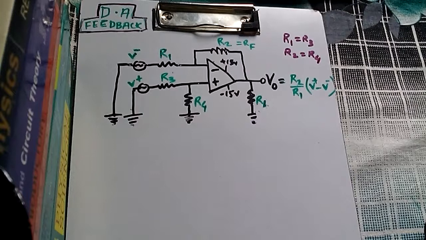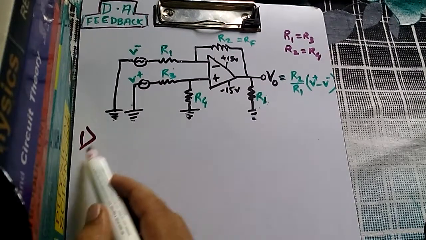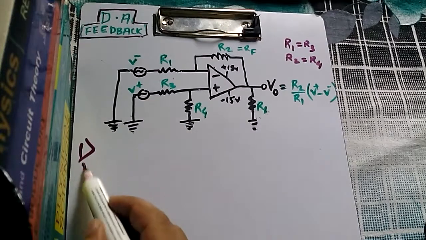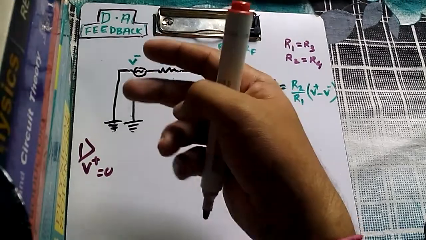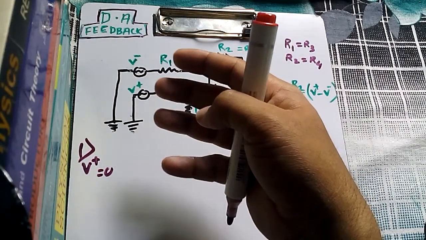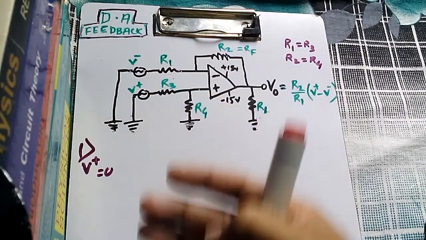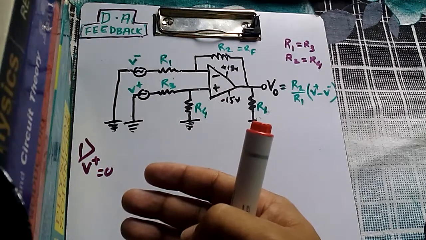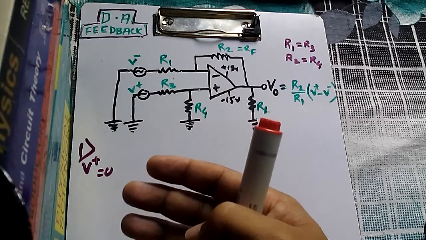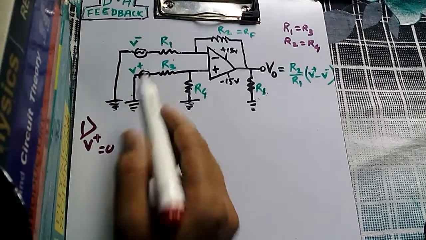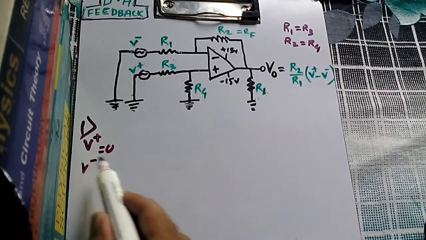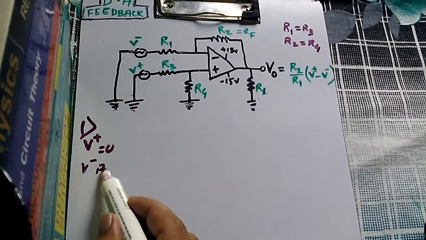So let's do that. At first I will make this V plus equal to 0. In reality these voltages are always there, they are not going to be 0, but this is the way the principle works. This is the way we find the output voltage. So we make this 0 first, but V minus is present.